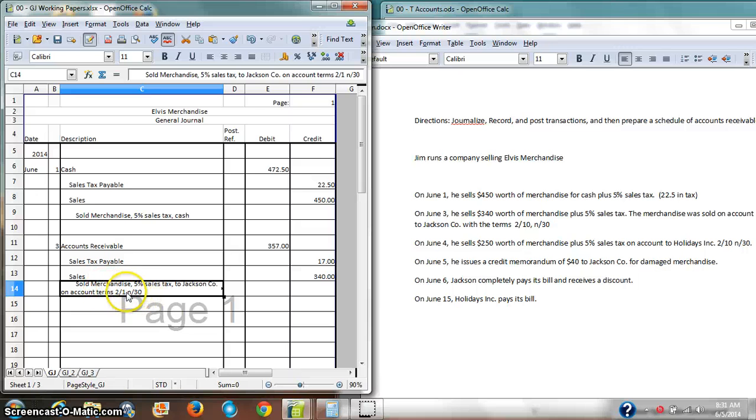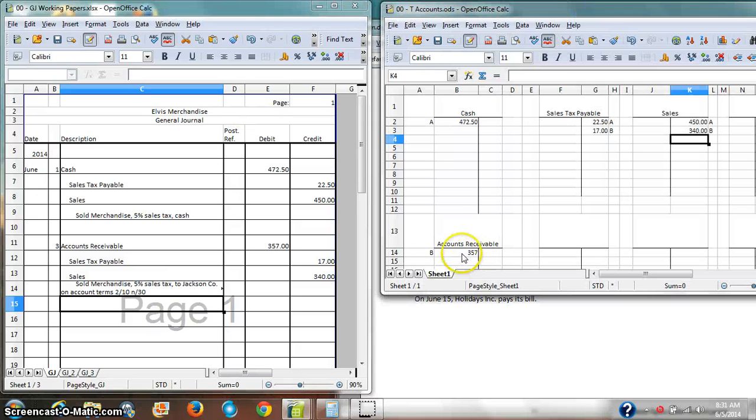This 2/10, and I actually put in a 0 there. Let me explain what these terms mean. This means that this is on account, first of all, and I want to give this company some incentive to pay me quickly, because while accounts receivable is an asset on the T accounts, I want to turn that into cash just as quickly as I can.